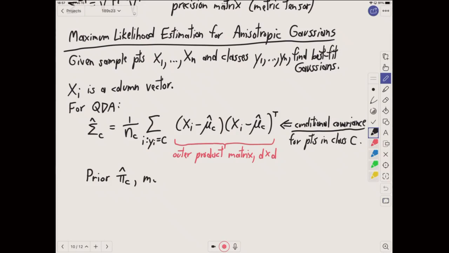We also need to estimate the mean, mu, for points in class C. And once again, that's just the average of all the points in class C, just like it was last Wednesday. The only thing that's changing is that the way we compute the covariance matrix is different because now it's a matrix and not just a scalar.